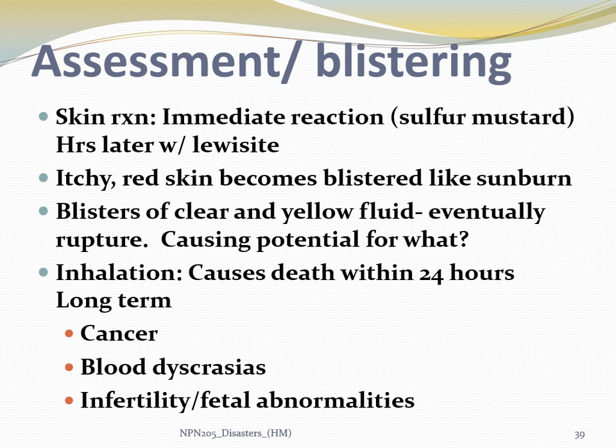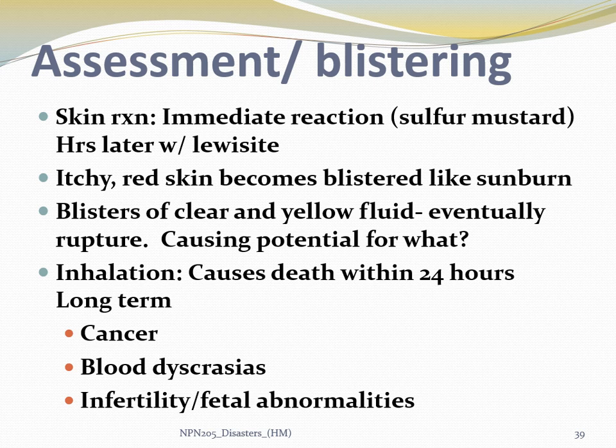Assessments for these blistering agents. The skin reaction is going to be a very immediate reaction, especially with sulfur mustard. Now, if you have lewisite, the reaction is actually going to occur hours later. You will have itchy red skin that becomes blistered like a sunburn. Blisters will have clear and yellow fluid in them. Eventually they are going to rupture. When they rupture, what do we have the potential for?